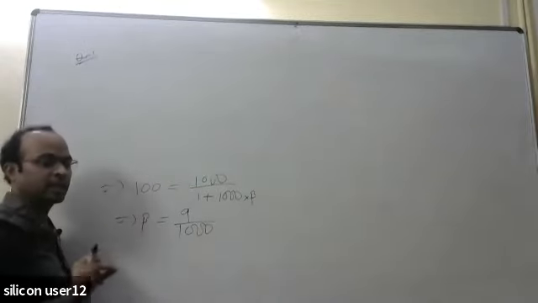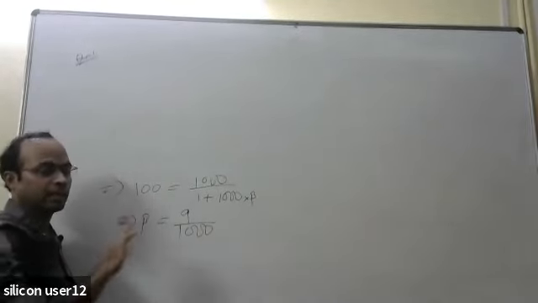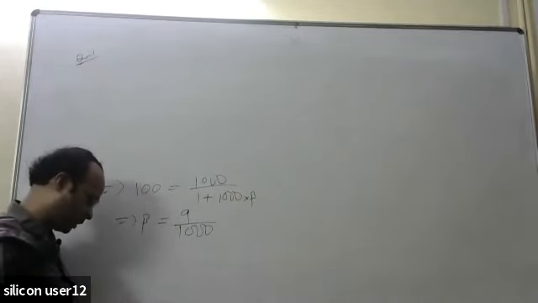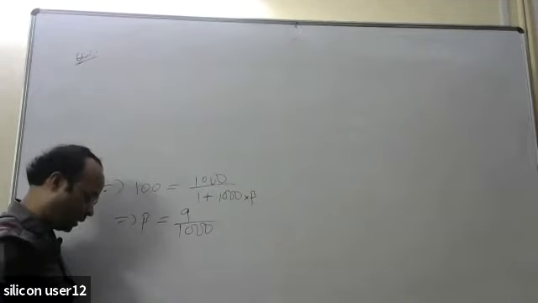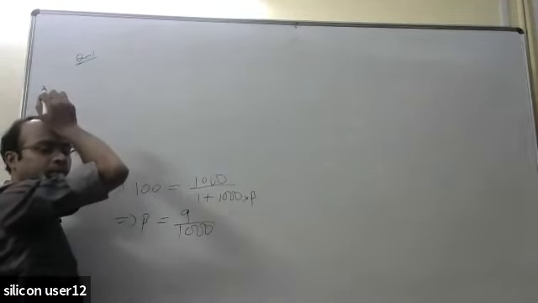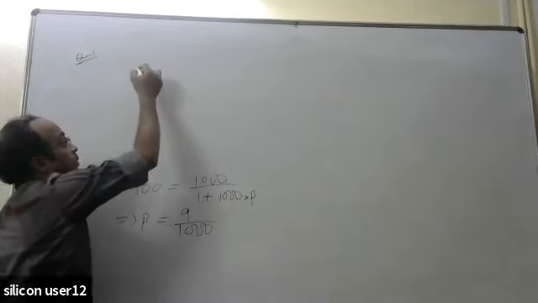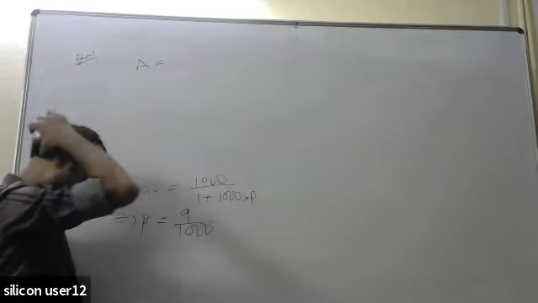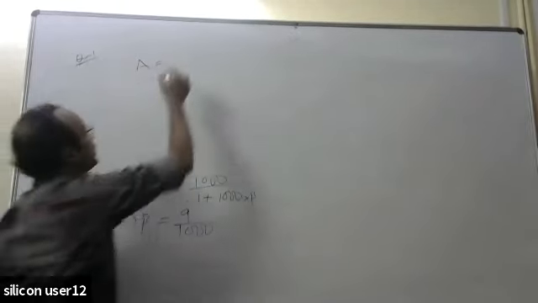The questions are written in words, but directly I am writing the values. A system has a gain of 80 dB without feedback. Without feedback means what? A, not F. A equal to 80 dB.